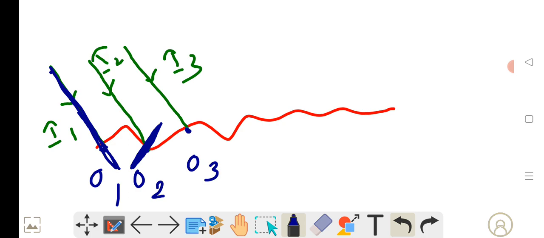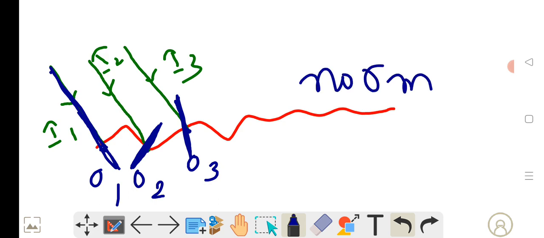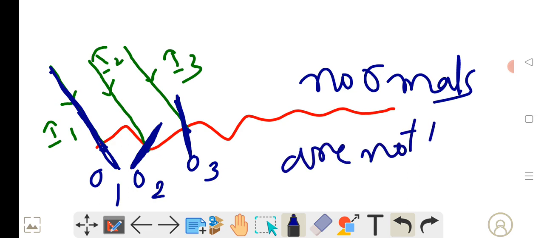And for this surface also, the normal will be like this. Understood? Now all the three normals are not parallel to each other. Very important here, normals are not parallel to each other.